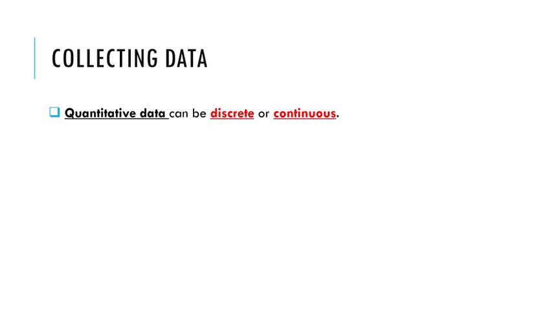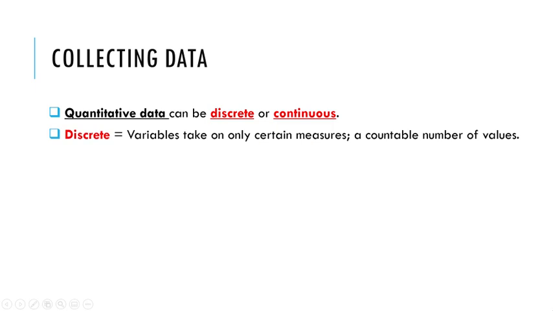Now remember, quantitative data is numerical, and so we're talking about numerical data that is discrete or continuous. If we have a discrete variable, then that's going to be a variable that takes on only certain measures. It's going to be a countable number of values.